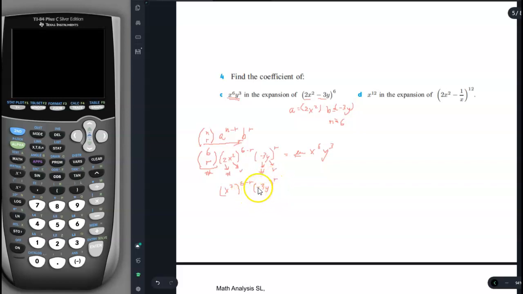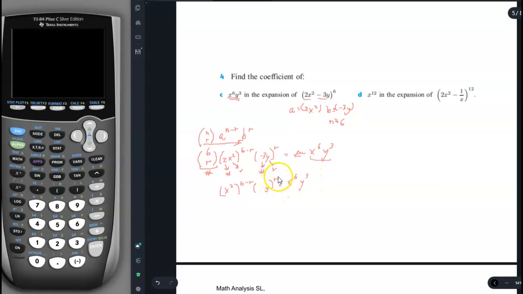Oh, I'm sorry, it wouldn't be -3. It would only be y to the r, right? Okay. And that would be equal to this variable part, which is x to the 6th y cubed, right? Now, looking at the comparison of these terms, we can easily figure out that r is 3, right?